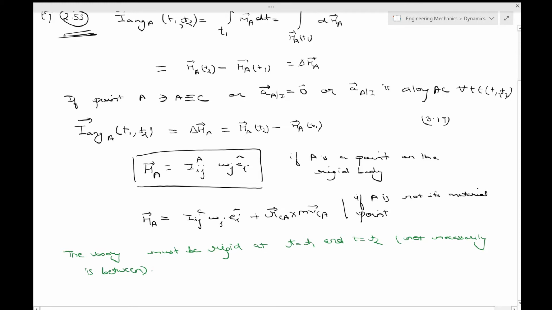So this equation 3.19 is valid for this, and this is something which you should verify and be very clear about. Why do we say this? In between it is allowed to be deformable or rigid.